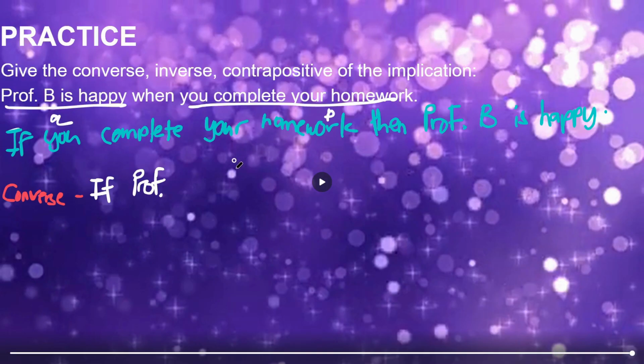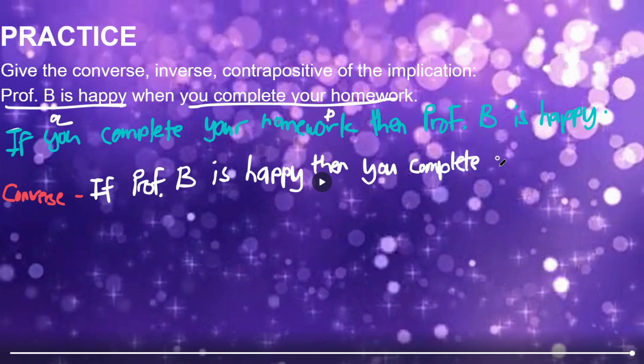So we need to switch the values. The answer of the converse is if Proof B is happy, then you complete your homework. So that's the answer of the converse.